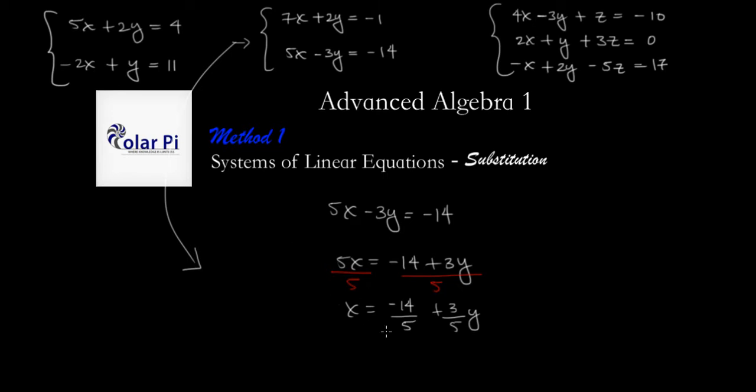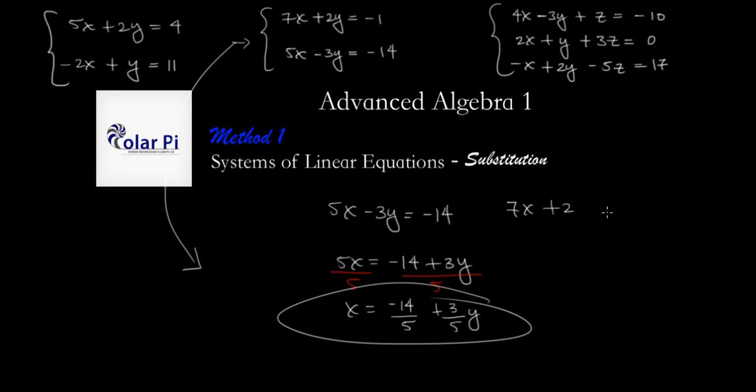This is not a fun x to plug into the unused first equation. The first equation says 7x plus 2y equals negative 1. So unfortunately, we have to take this, specifically the right side, and replace that x with this, and that's not fun.